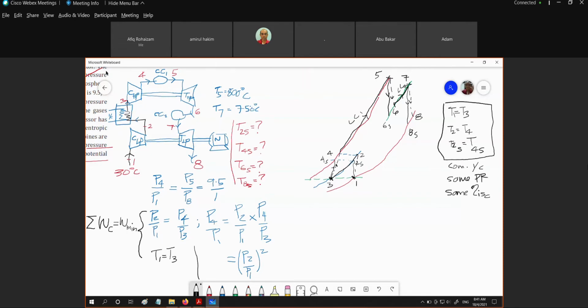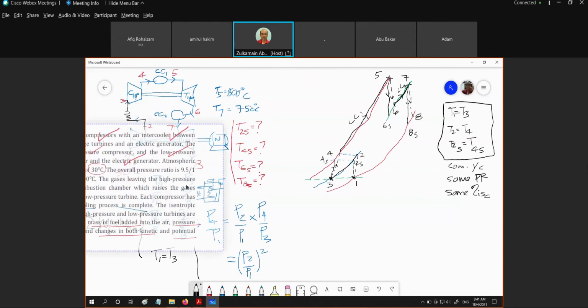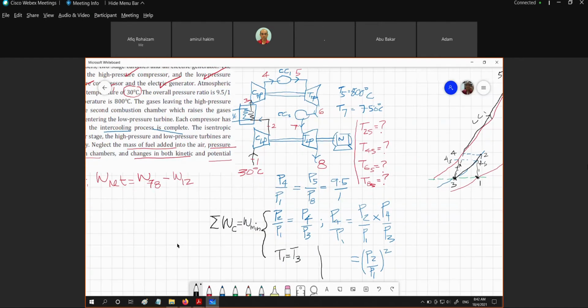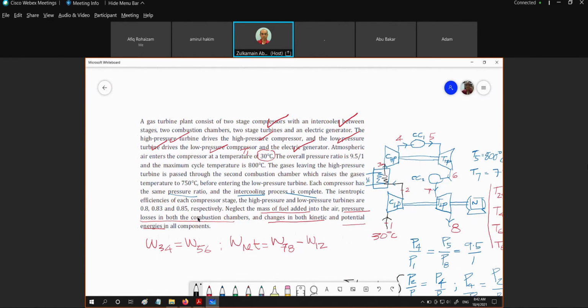So let us have a glance at what the question actually asks for. Oh, we haven't looked at any question yet. Okay. So this is just a description of this question or the plan, not yet looking at what the question asks for. So what are we going to do right now? Okay. So guys, please get ready with your calculator. We are going to get all the temperatures.